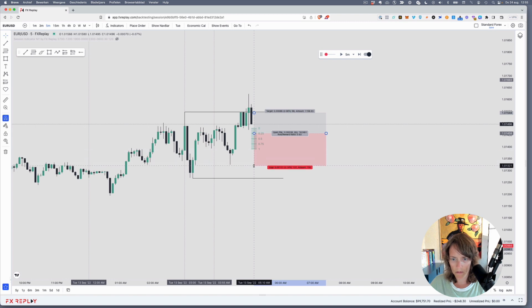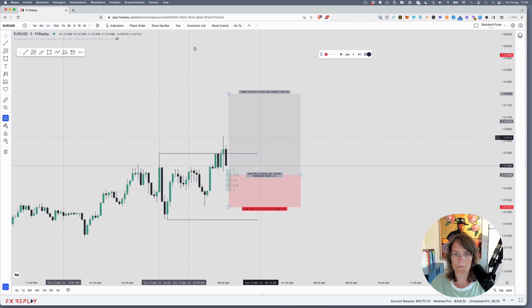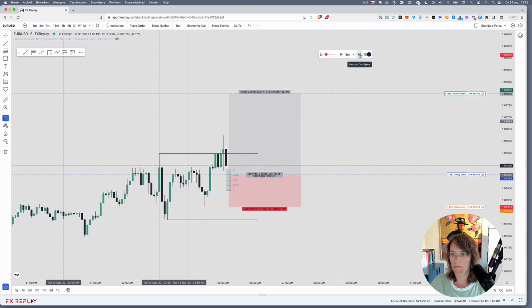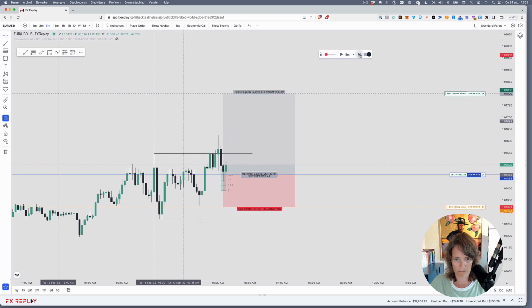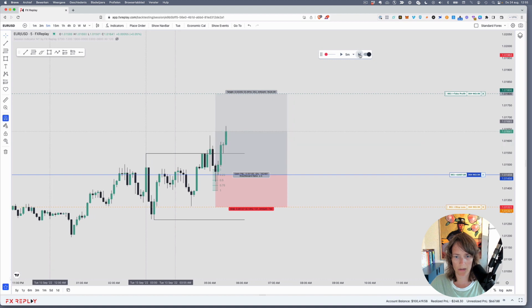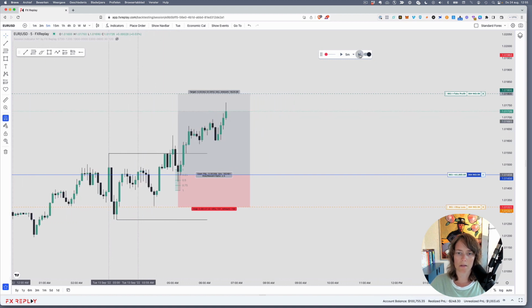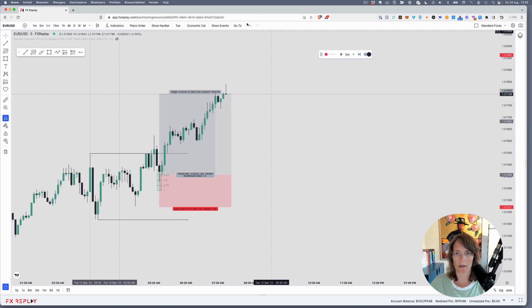Stop below. Tag goes in, yes. Let's see if we can. Yeah, great trade. Next.